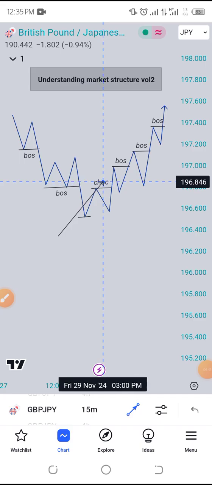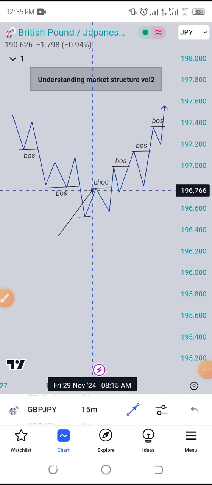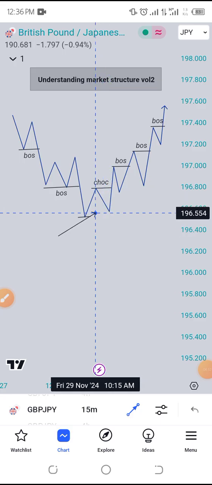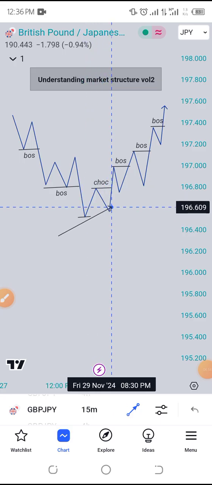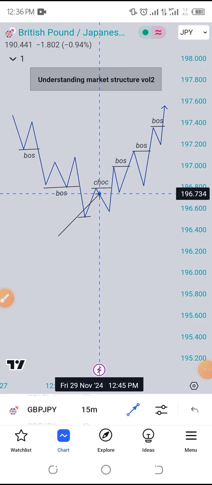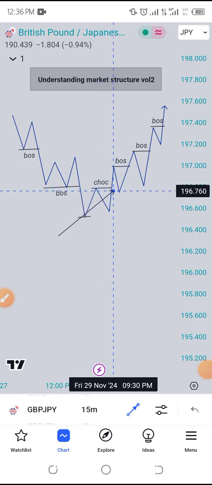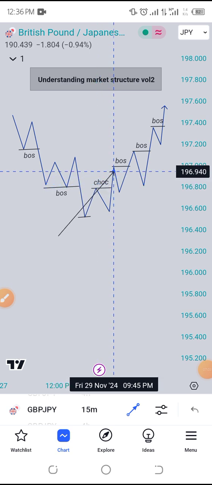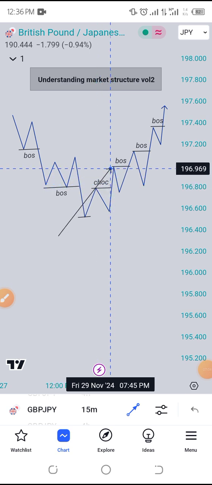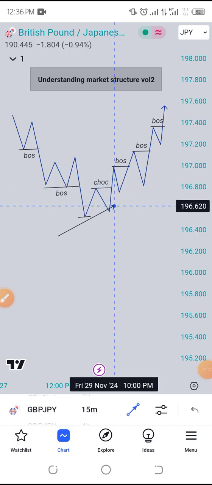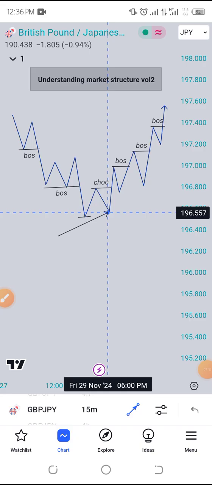Now, this change of character would not have been established until we see price retrace down, not being able to close below this low, and break above this particular high that you see right here. And even after price has broken above this high and formed a fresh high right here, I want to see price make a little bit of retracement without closing below this new established low.